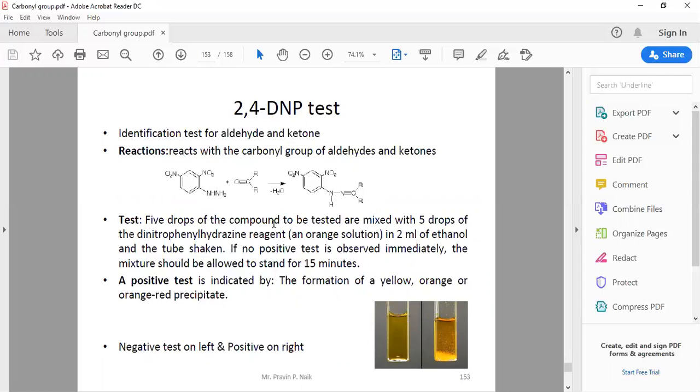So 5 drops of the compound to be tested are mixed with 5 drops of dinitrophenyl hydrazine reagent, which is orange in color, and you add ethanol and shake the test tube. After 10 to 15 minutes, a yellow or orange red precipitate is observed. That gives the positive indication that the compound contains an aldehyde or ketone.